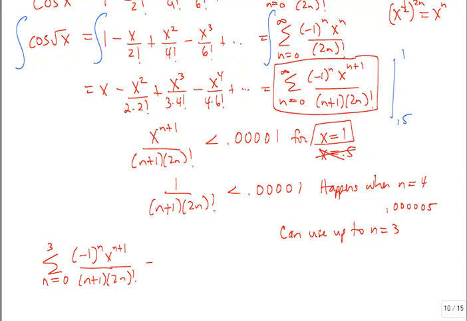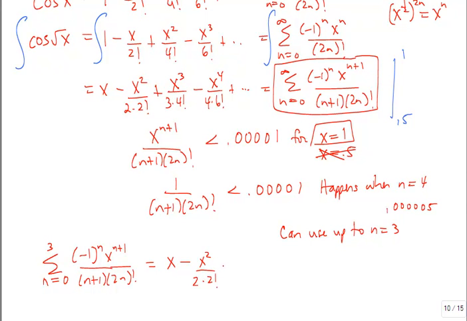So let's expand this out for those 4 different n values. So when n is 0, we're going to get 0 plus 1, which is 1, times 0 factorial, which is 1. So all of this just goes to an x. When n is 1, we're odd here, so this will be minus, and we'll get an x squared on top, and a 2 on the bottom times a 2 times 1, or 2 factorial.